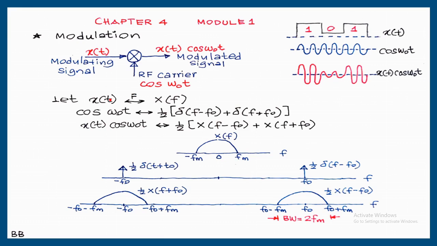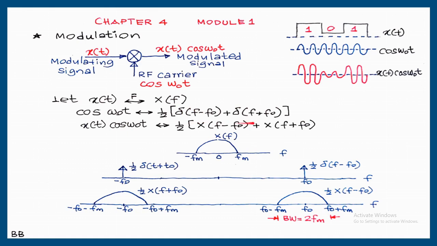Let the Fourier transform of x of t be X of f. The Fourier transform of cos omega 0 t is half delta of f minus f naught plus delta of f plus f naught. Multiplication in the time domain is equivalent to convolution in the frequency domain. X of t is multiplied with cos omega 0 t, so the equivalent operation in the frequency domain is X of f convolved with half delta of f minus f naught plus delta of f plus f naught.